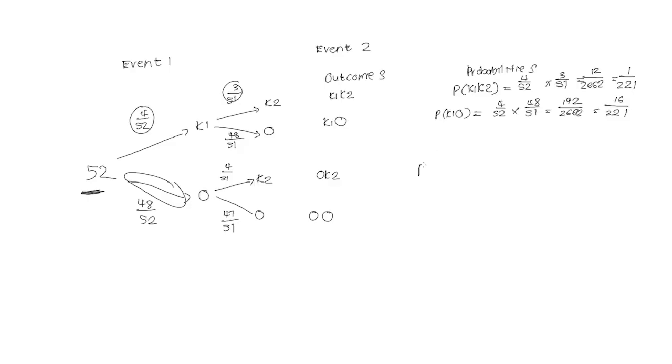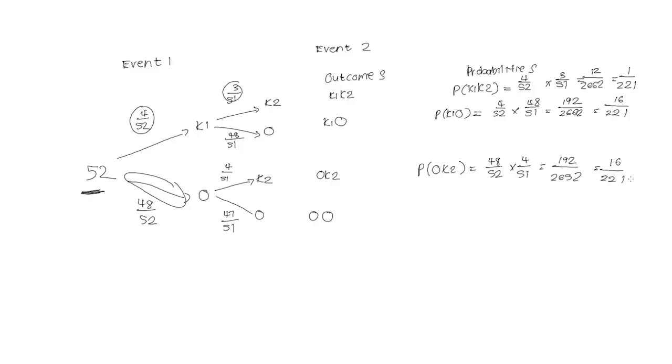The probability of obtaining another card in the first event and a king in the second event is equal to 48 divided by 52 multiplied by 4 over 51. And this can be simplified to 16 over 221.